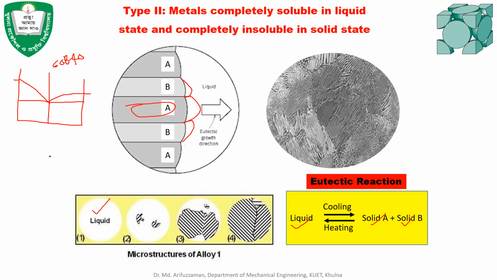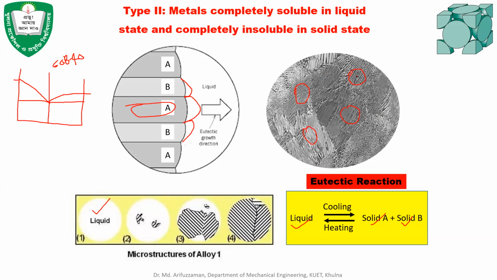Okay, in the case of practical application, it is the mechanical property. Okay, when metal A and metal B produce a crystal structure like this, it will have a different mechanical property. Sometimes it can occur, I'll show you that, like there are so many crystals of metal A, and there is a mixture of eutectic mixture.